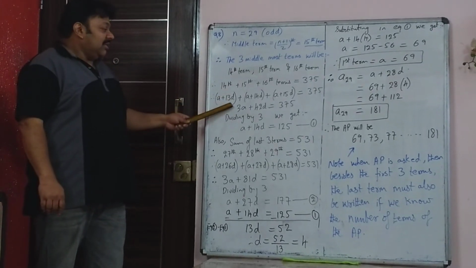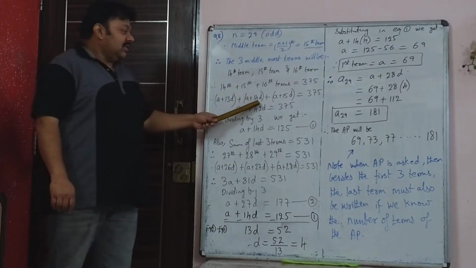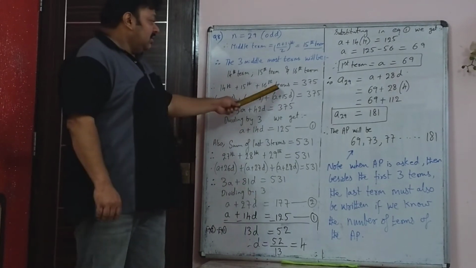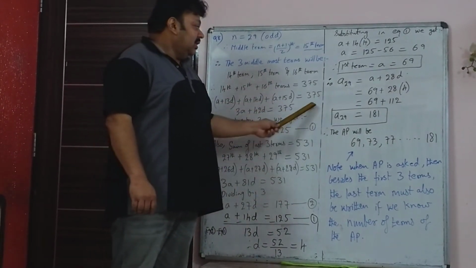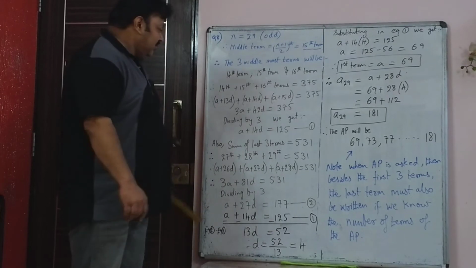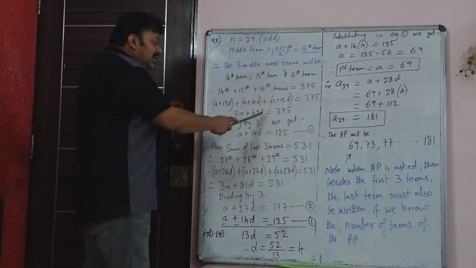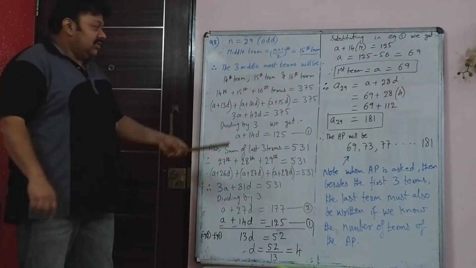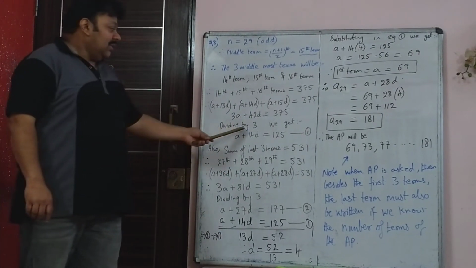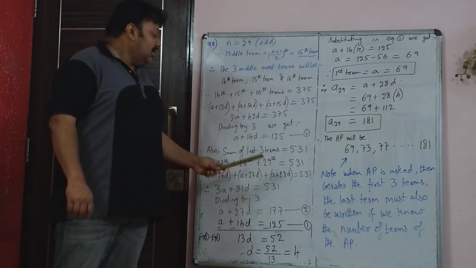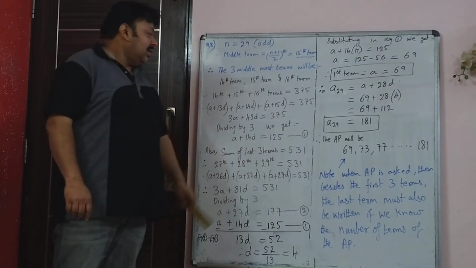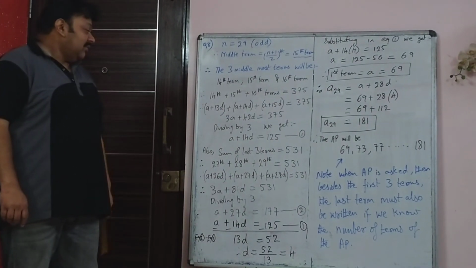So it will be a plus 13d. 15th is a plus 14d. 16th is a plus 15d. That is 375. So you will get 3a plus 42d is 375. So when you divide it by 3, we get a plus 14d is 125.